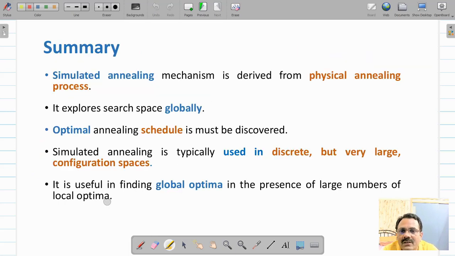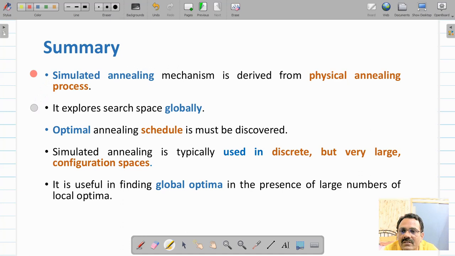Let us now summarize what we have discussed today. The simulated annealing mechanism is very similar to the physical annealing process, where we heat metal to a high temperature, allow it to melt, and then allow it to cool down with some annealing schedule.